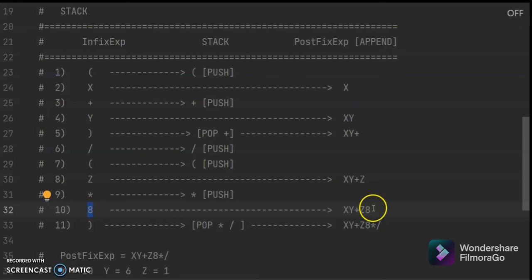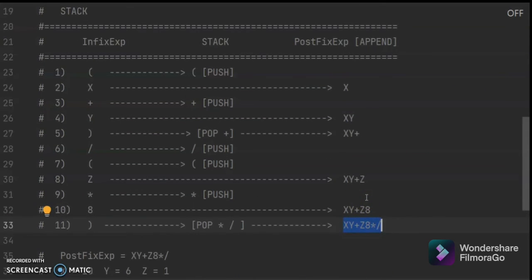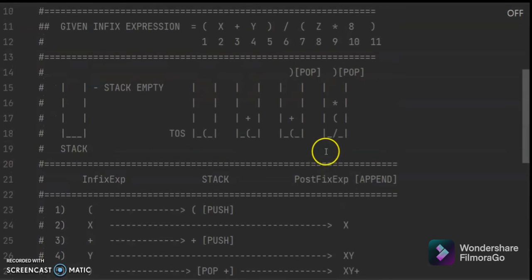Then you will find a matching parenthesis. Once you get a matching parenthesis, you will pop all the elements. So what elements did we have after this? You had multiplication and you had division. Both are popped out from the stack and appended to the end of the postfix expression. So this is how we convert infix to postfix expression by using the stack.